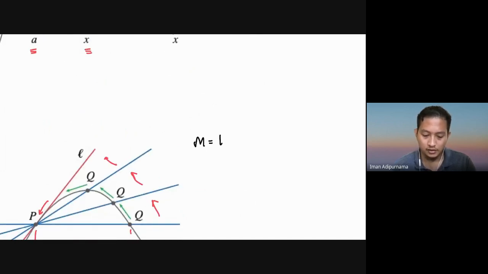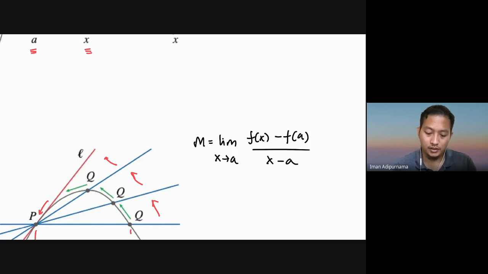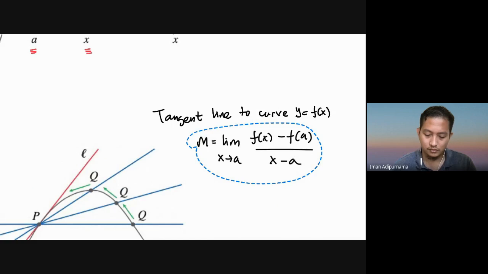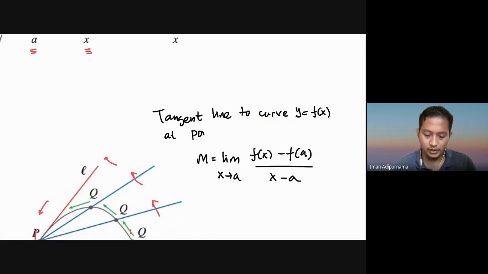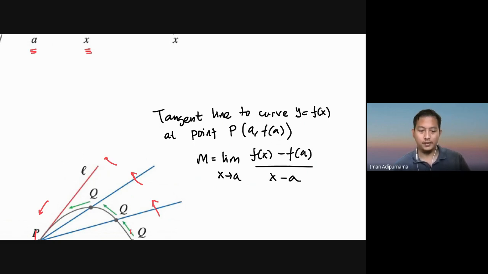The gradient then, if we approach x to A, of f of x minus f of A over x minus A, this will be the tangent line at point P, A and f of A. And the slope, let me write with m as slope, is this.